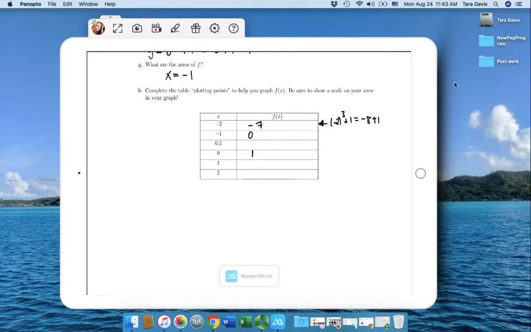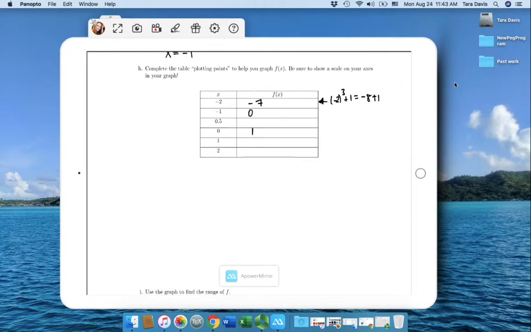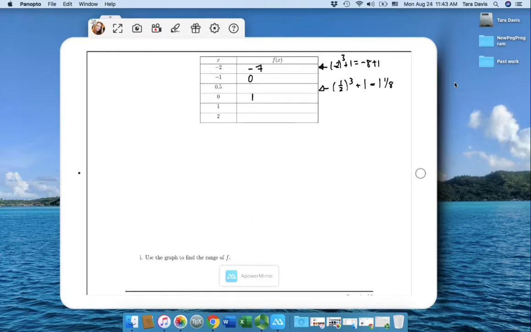If I take 1/2 cubed, and if you're not sure, you can take it on your calculator. This is going to be 1/2 cubed plus 1, which is going to be 1/8 plus 1, 1 1/8, or if you want it in a decimal, it would be 1.125.